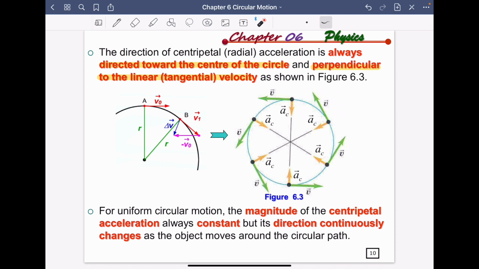So, sama macam circular motion ni, centripetal acceleration dia adalah constant, tapi direction dia sentiasa berubah depend kepada position. Macam kita tengok kalau position at the bottom, so direction of AC dia akan toward the center lah. So, bila toward the center, kalau duduk kat bottom, toward the center dia adalah upward. Okay, kalau dia duduk dekat at the top, so toward the center dia adalah downward. So dia akan keep changing lah direction of the centripetal acceleration.